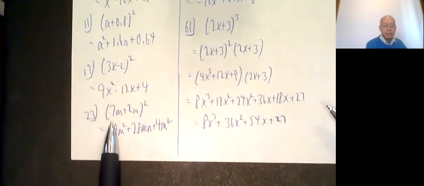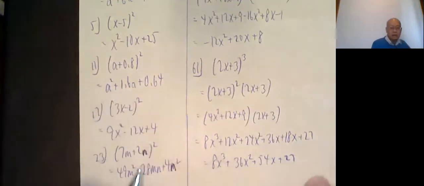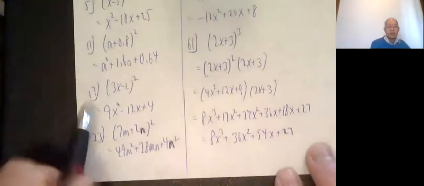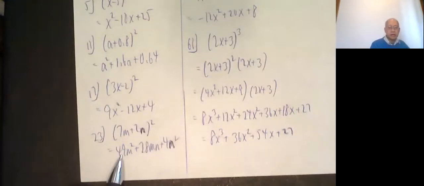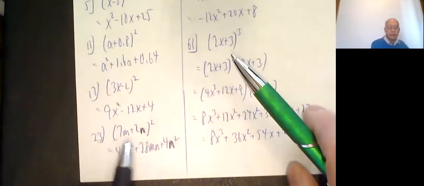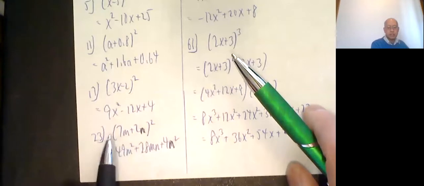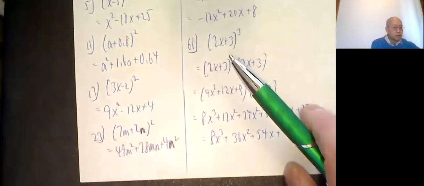Okay, 7m plus 2n squared, that should be an n there. 7m plus 2n squared. So my a squared, 7m times itself, 49m squared, plus 2ab, 2 times 7m times 2n. Now let's just do the numbers. 2 times 7 times 2, 28mn, plus b squared, 2n times itself is 4n squared.